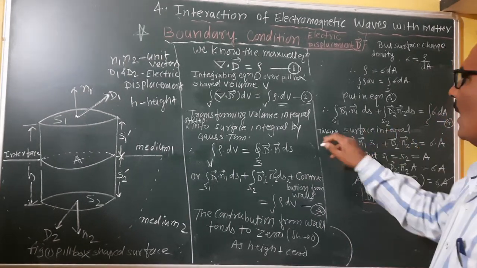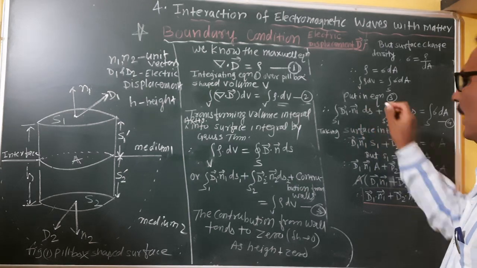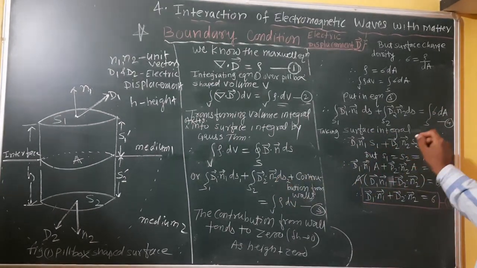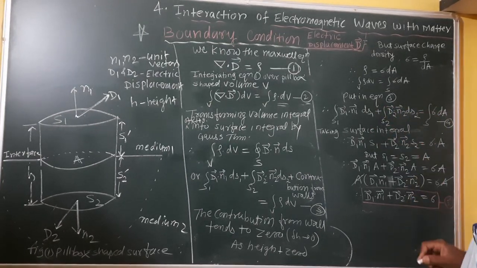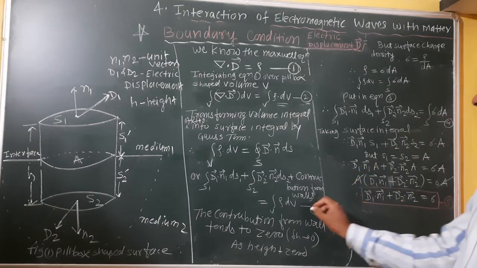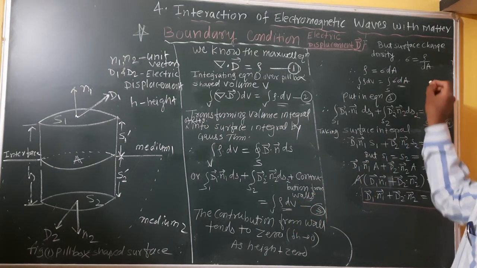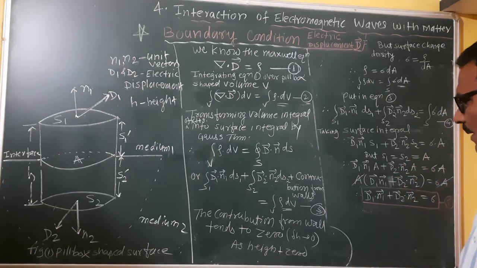So the remaining terms are the surface integration of d1 bar into n1 bar ds1, plus the second term, d2 bar into n2 bar ds2, and over the surface this term can be substituted as sigma into dA. Sigma into dA is substituted in equation number 4.